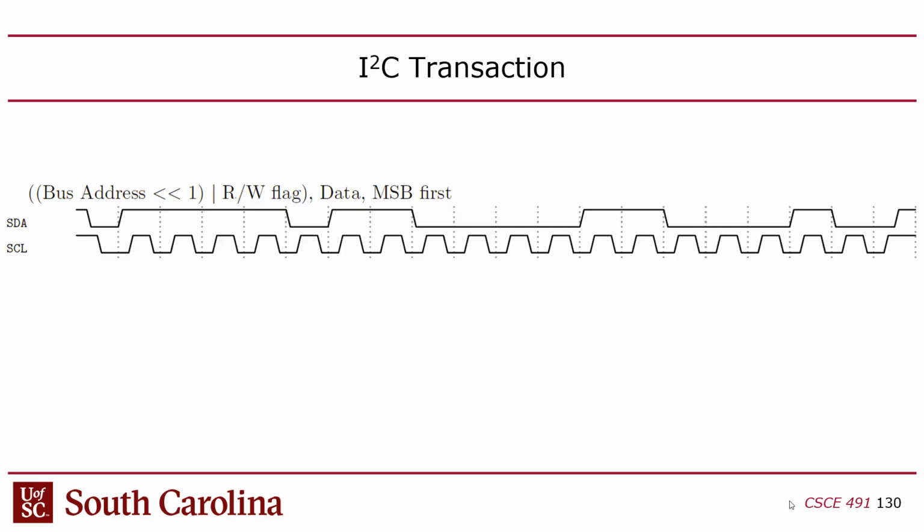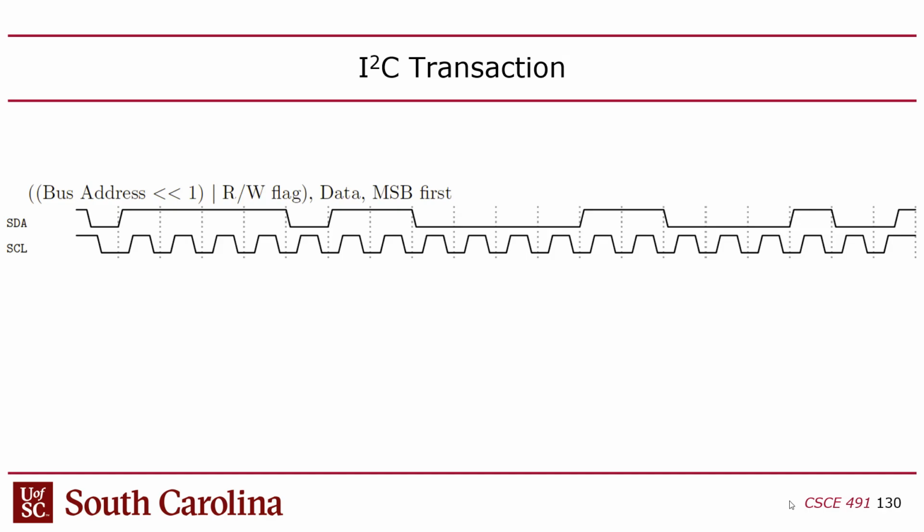The 8th one is the read or write. So what is the data for that? 0. What does 0 mean? Is 0 read or write? 0 is write. Okay, that's a write. Is that standardized, MSB first? Yes, that's standard.